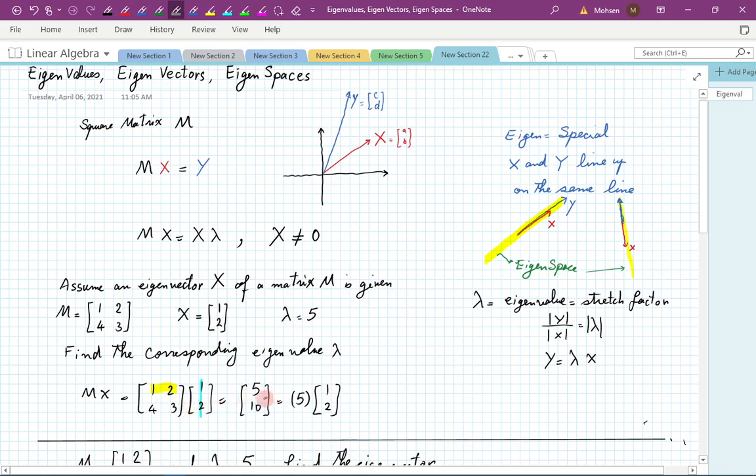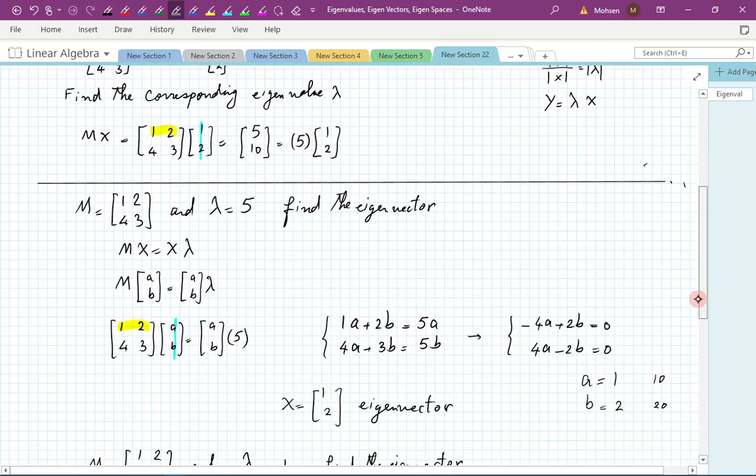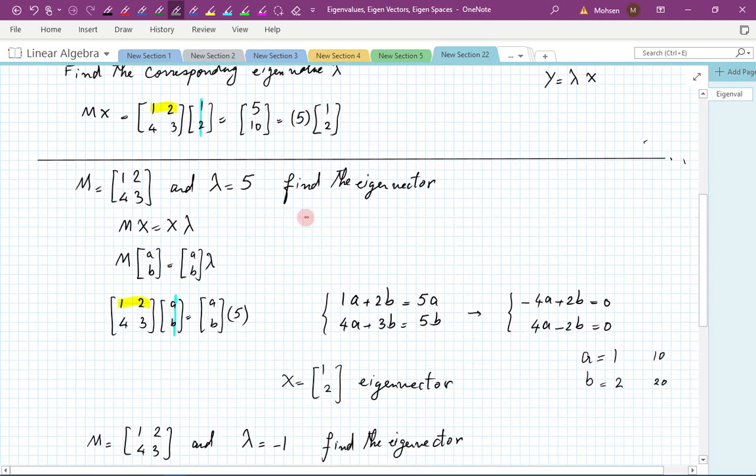You just multiply, see the stretch factor or shrinking factor, and you're all done. Next, I take my hand off the wheel, so it's a bit more complicated, but you still have the training wheel. I give you the lambda and ask for the eigenvector. You have to multiply, bring everything to one side, and solve that equation.